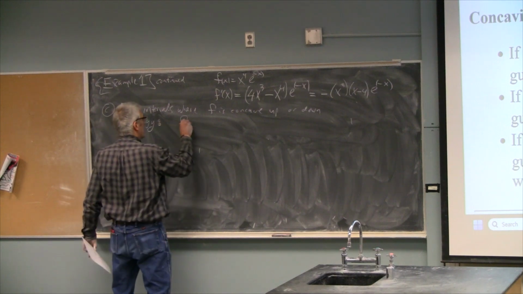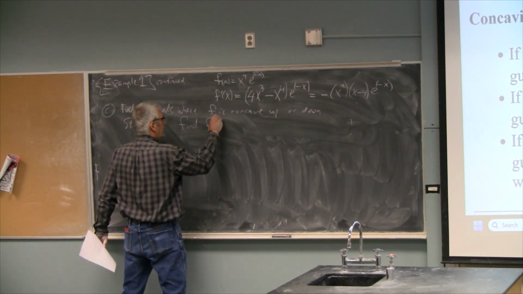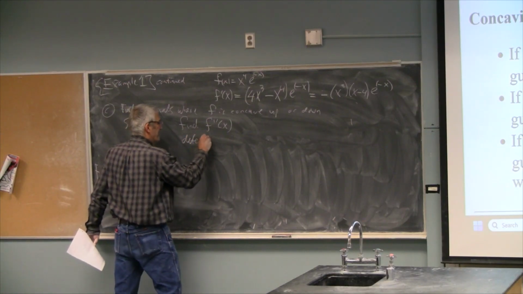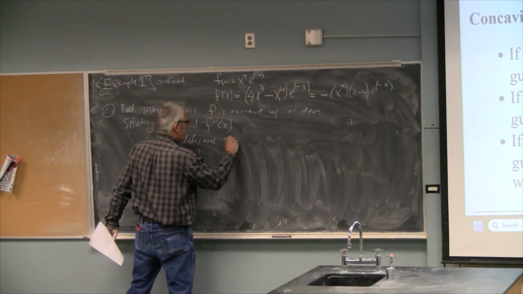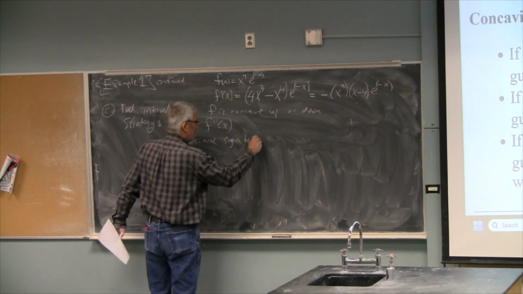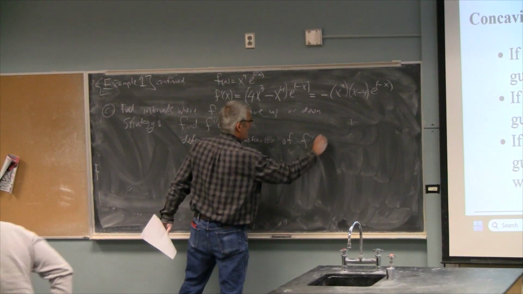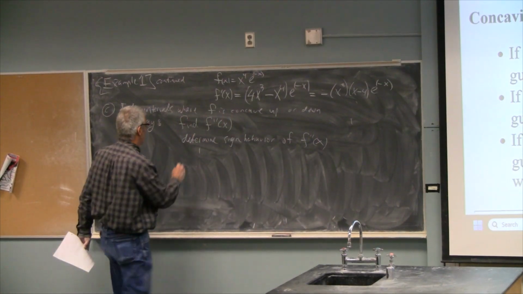So find f double prime, determine the sign behavior of f double prime, and then use the concavity test.